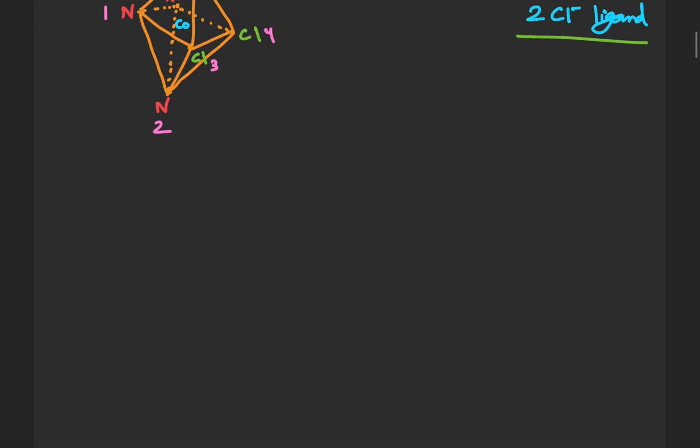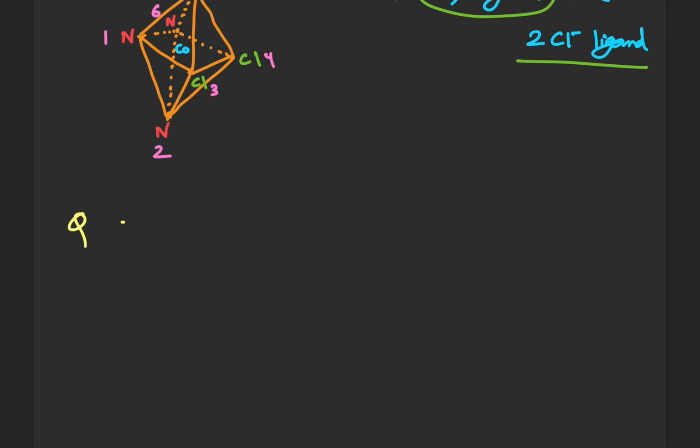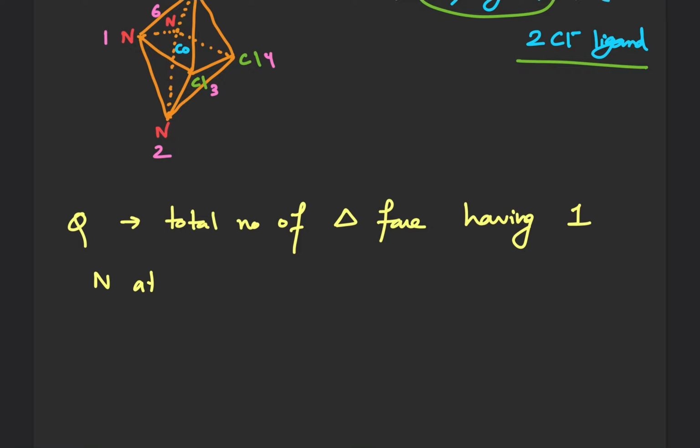The question wants the total number of triangular faces having one N atom and two Cl atoms at their corner.